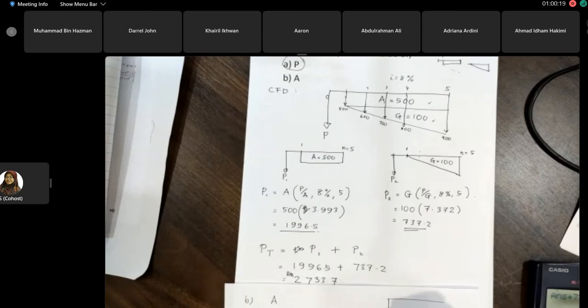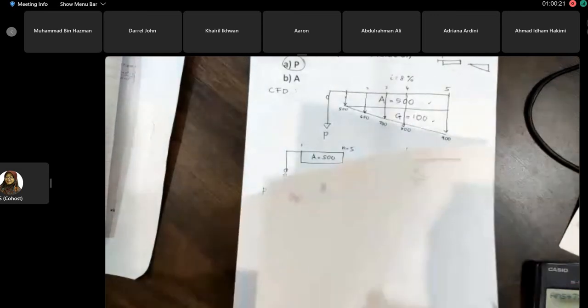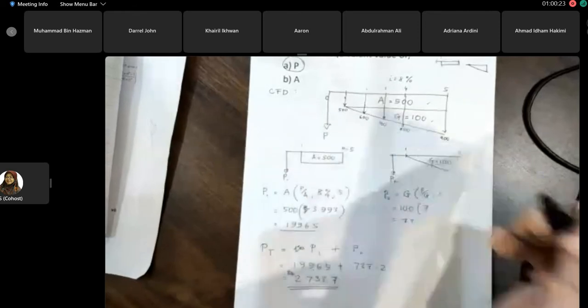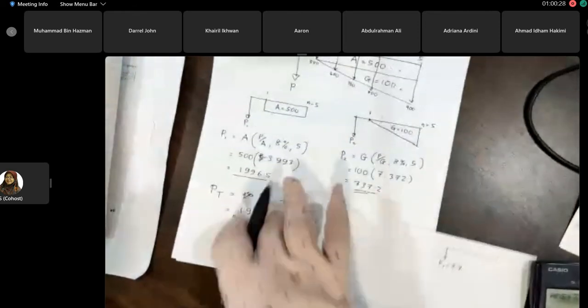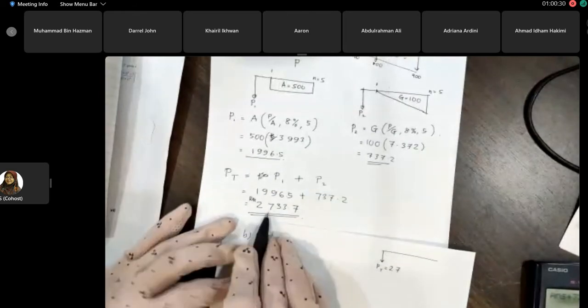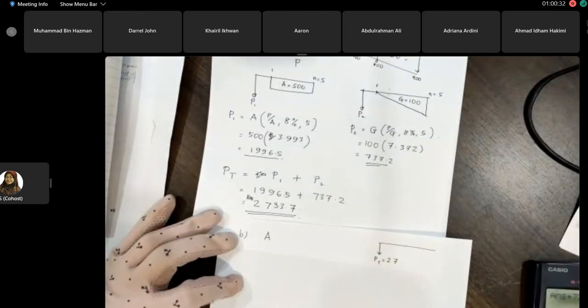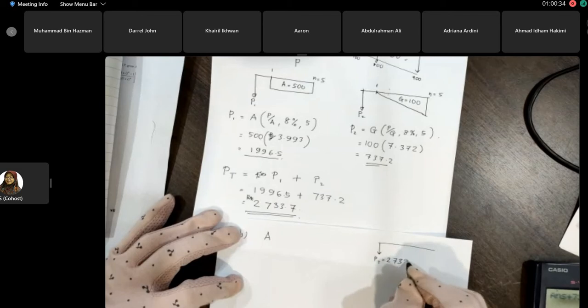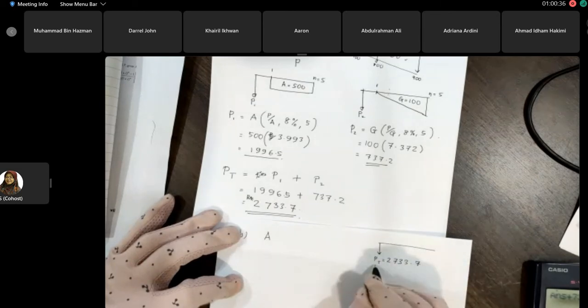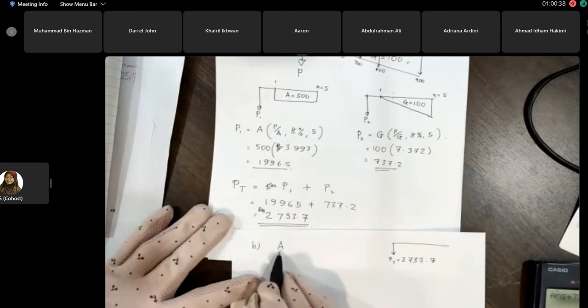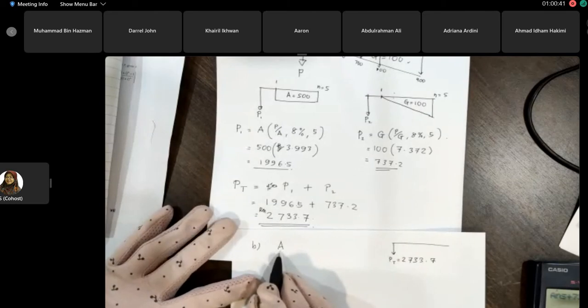The P total here is 2,733.7. So now you want to convert it to the A value.